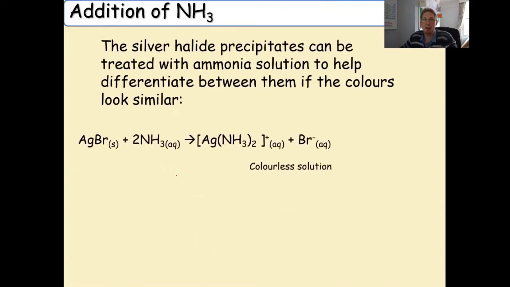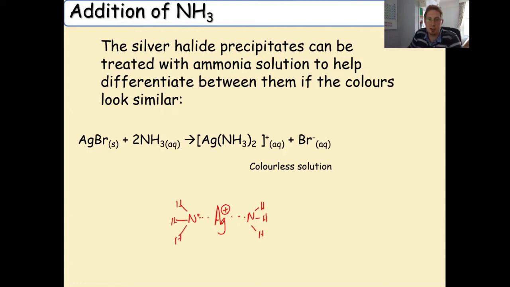It may be that this equation comes up. You wouldn't be asked to generate it, and you will look at this sort of thing far more in Year 13, but the silver bromide solid, for example, and 2 ammonia molecules forms a complex where you've got an Ag+ ion with 2 ammonias bound to it.